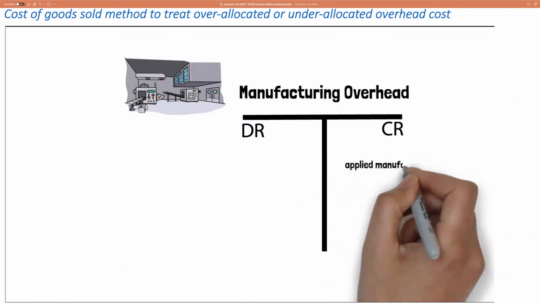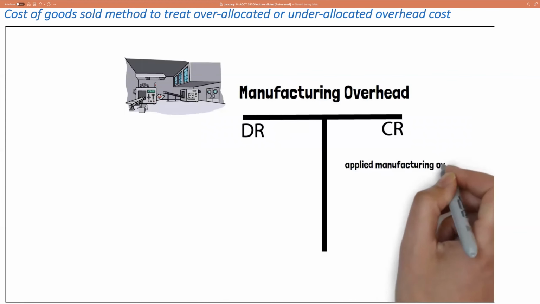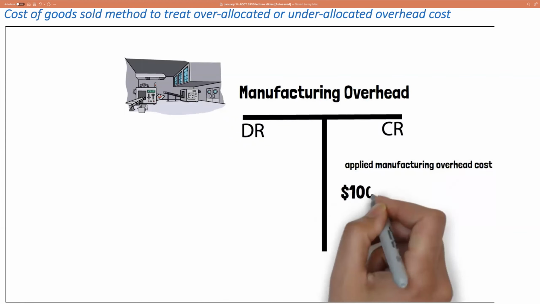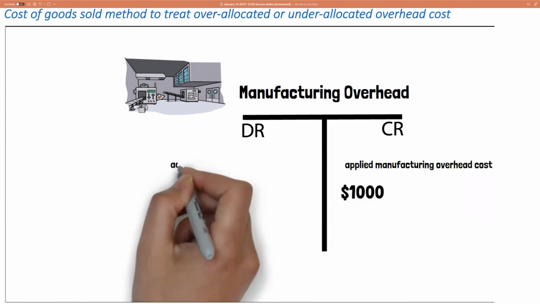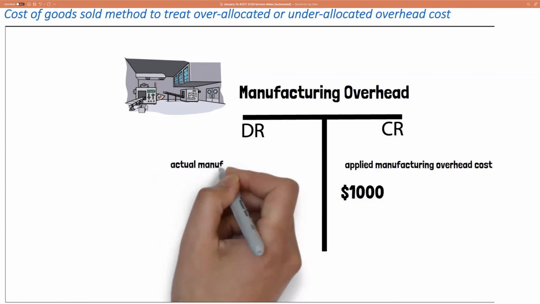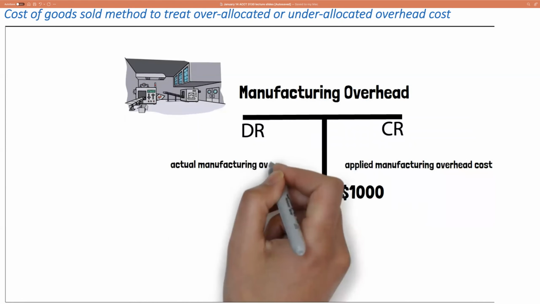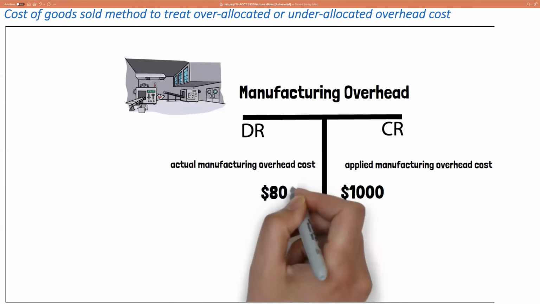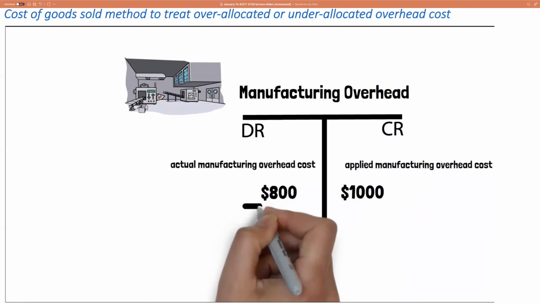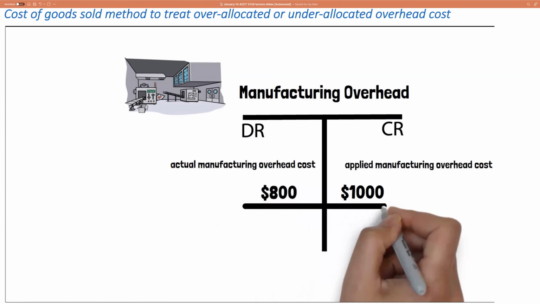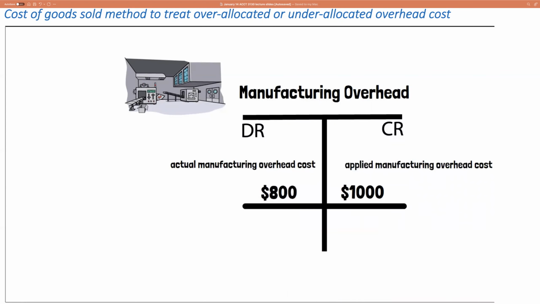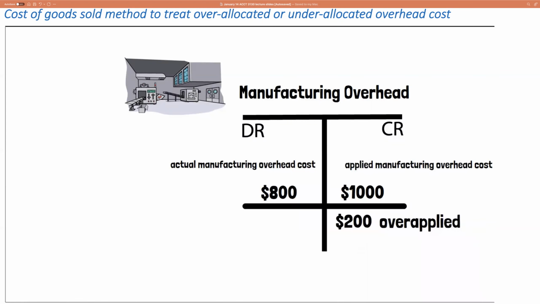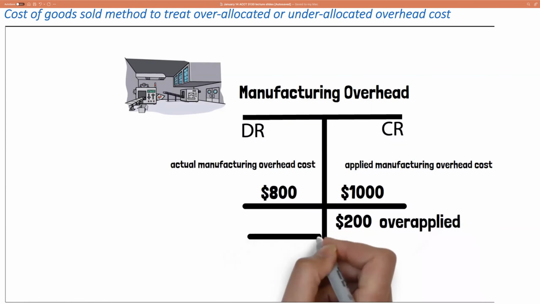So during the year, if you apply manufacturing overhead to the work in process inventory, you credit manufacturing overhead. Suppose that amount is $1,000. At the end of the year, we realize that the actual manufacturing overhead cost accumulated is 800. So the applied is 1,000, the actual is 800. So we actually over applied $200.